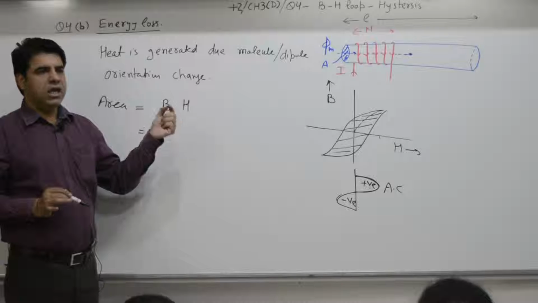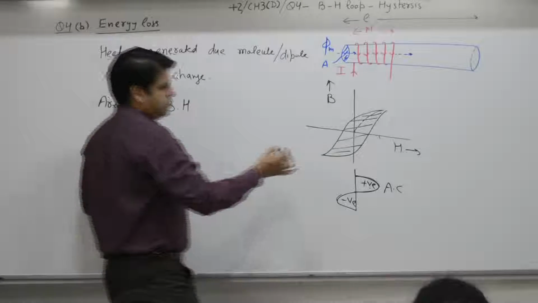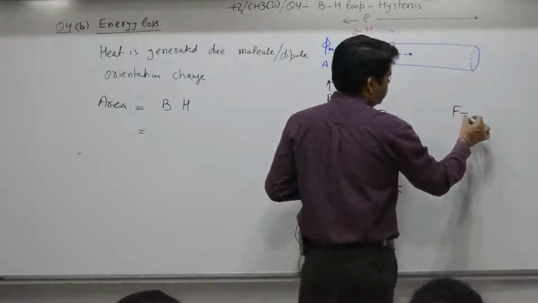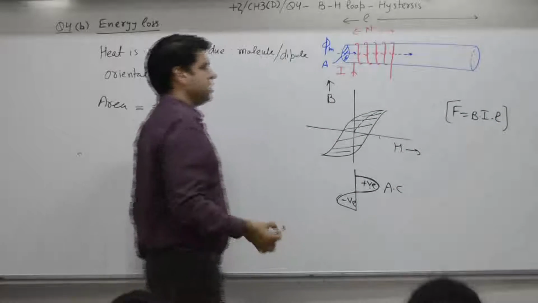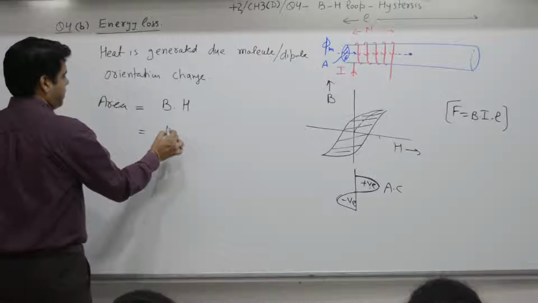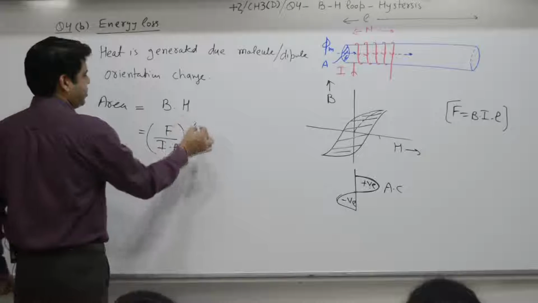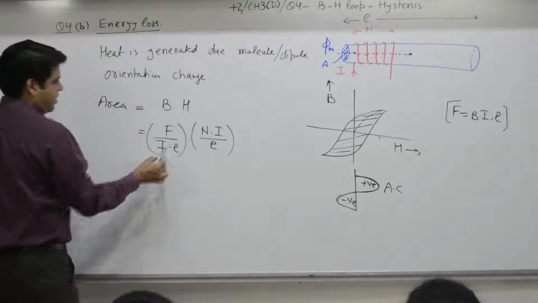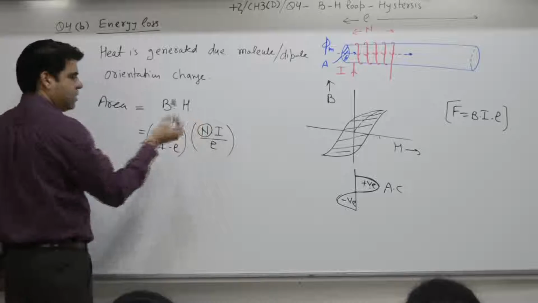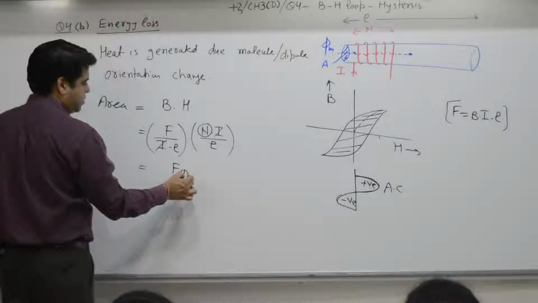Any formula, B and F. F is equal to BIL. Agreed? F is equal to BIL. B is equal to what? F by IL. H is equal to number of turns into current by L. Number of turns is just a number. I and I cancel. Force.